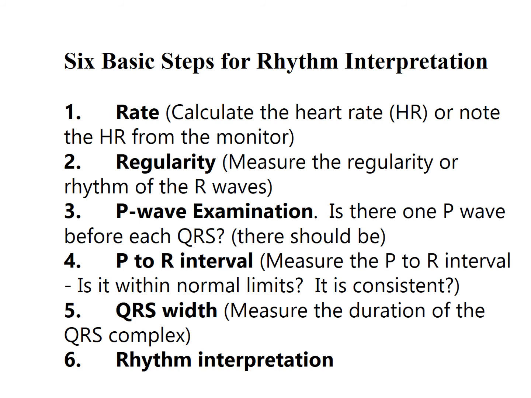Or if they're on the monitor, that's even better. There are some rhythms where the monitor may pick up an inaccurate heart rate, but you can usually tell when you're looking at the rhythm that it is not a true reading. But for all intents and purposes, for most heart rates the monitor will have an accurate reading.